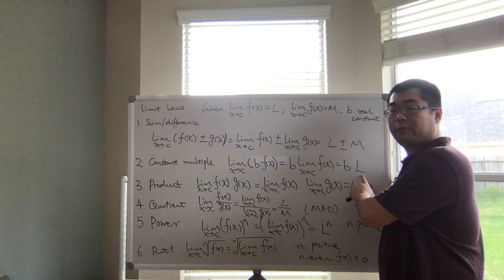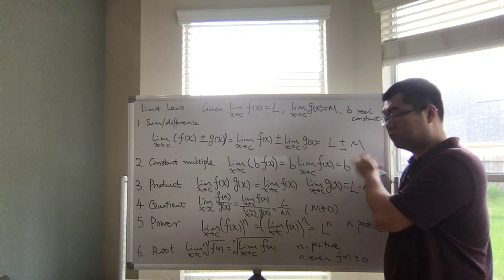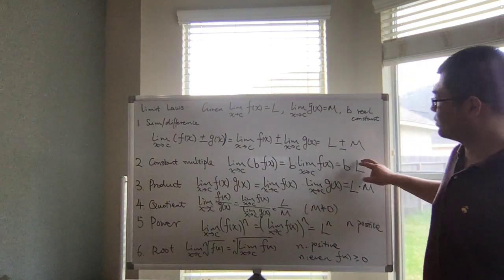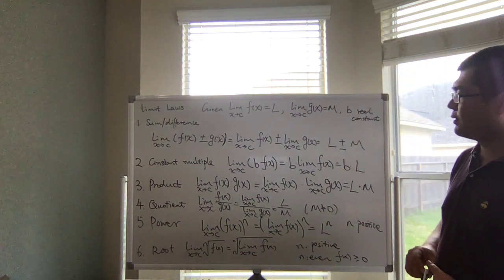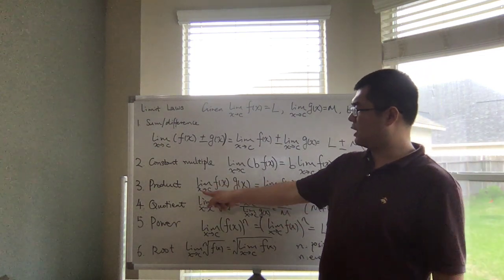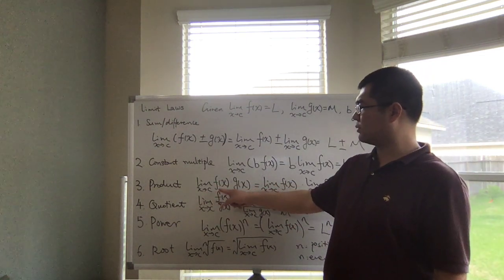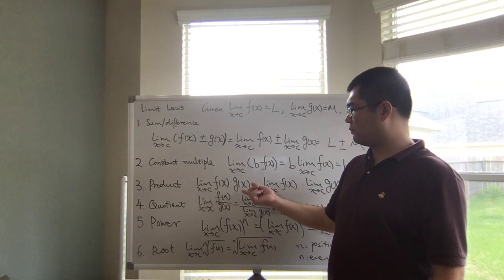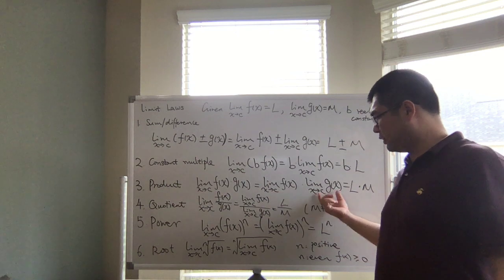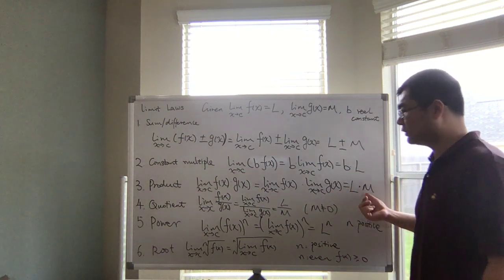That is b times capital L. And the third one, the product rule, says that if you have the limit as x approaches c of f of x times g of x, the limit of the product equals the product of the limits, which is L times M.